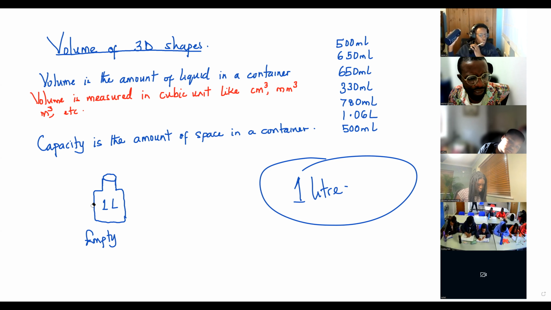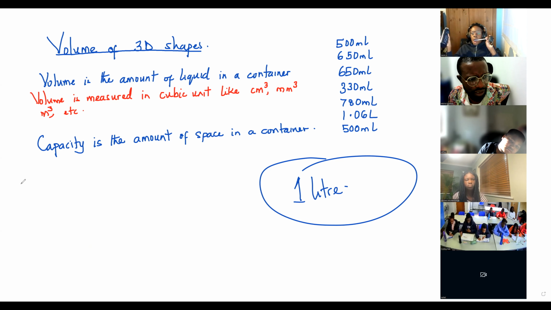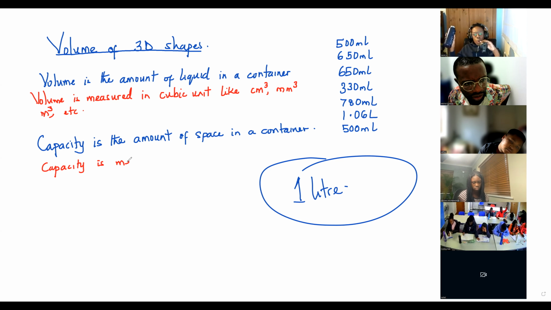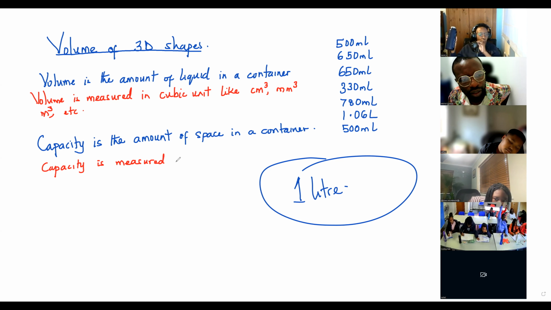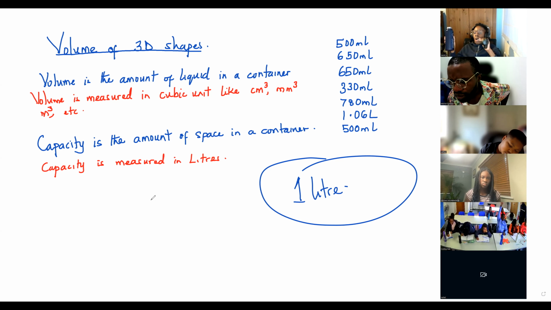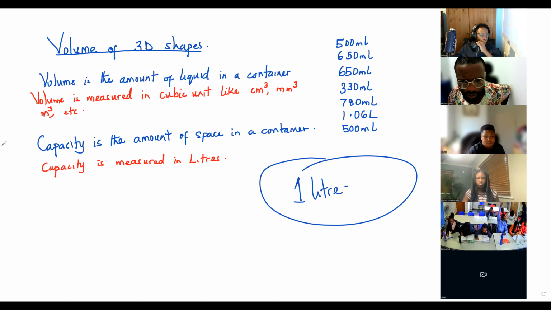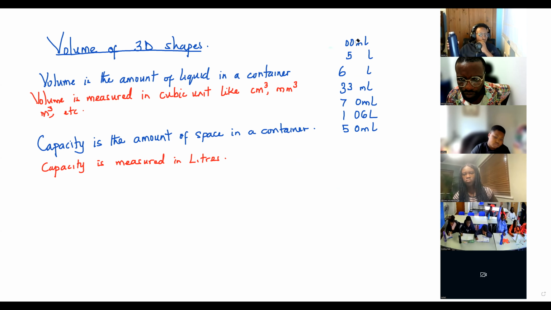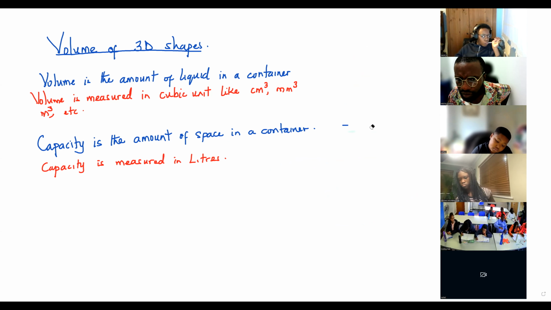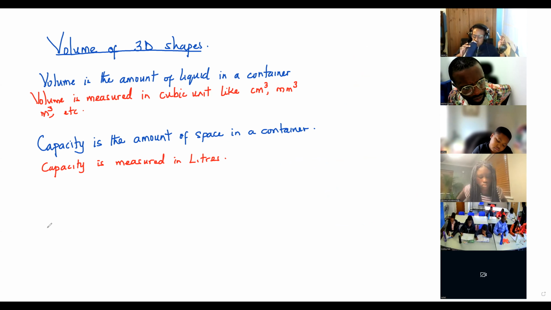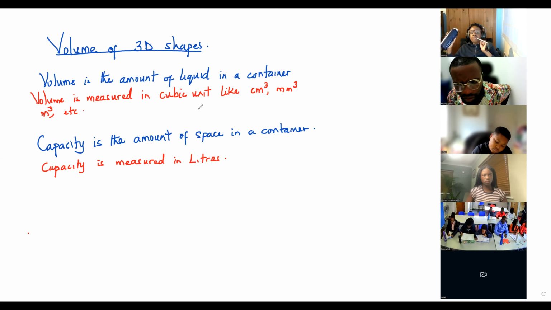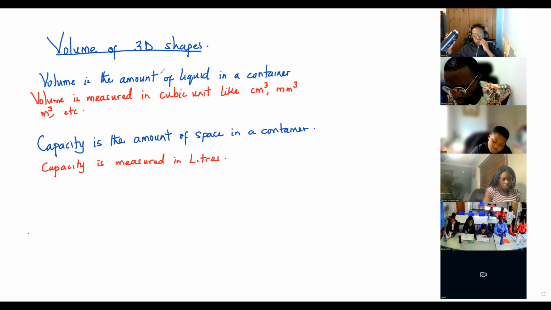But capacity is measured in... When it says volume is measured in cubic units, like centimeter cube, meter cube, and the likes, this is what it means.